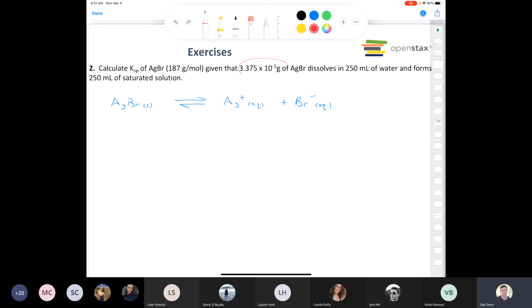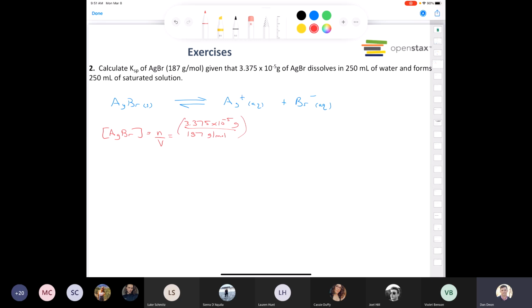Heck yeah. We have the number of grams. They've given us the molar mass, so we can determine the number of moles, and we also have the volume. So I'm going to do this in one fell swoop. I don't do this a lot in this class, but you know what? This is general chemistry too. You know that concentration is equal to the number of moles divided by volume. So to determine the number of moles, we take 3.375 times 10 to the negative 5 grams divided by the molar mass, which is 187 grams per mole.